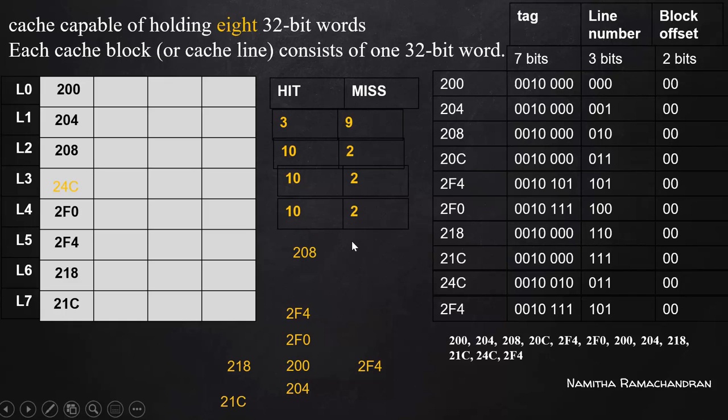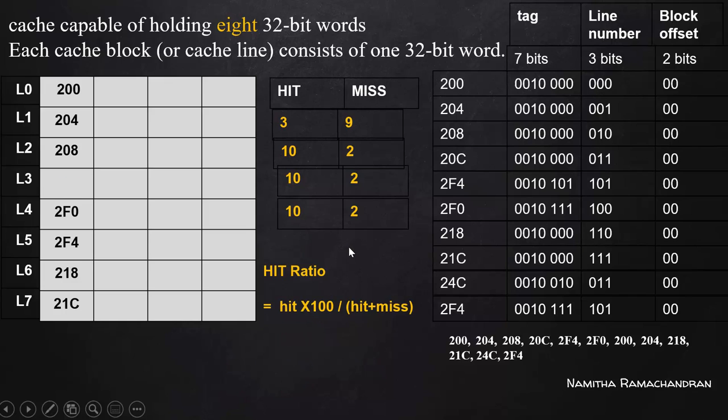Now we can calculate the hit ratio. The formula for finding the hit ratio is total hits divided by total hits plus total misses, into 100, the hit percentage.